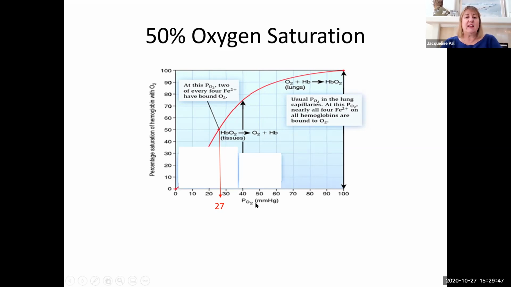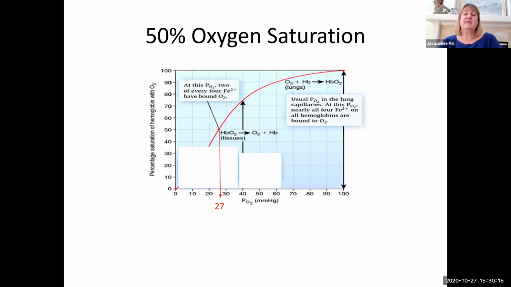If you look where that is on the x-axis, you will see that is at a partial pressure of oxygen around 27 millimeters of mercury, which would not happen anywhere on the arterial side, but it would be on the venous side.